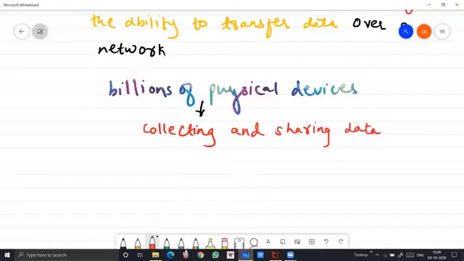So we can say that IoT, or the Internet of Things, is a technology that is basically used for collecting and sharing data over the network. And you can utilize the technology as long as you are connected.